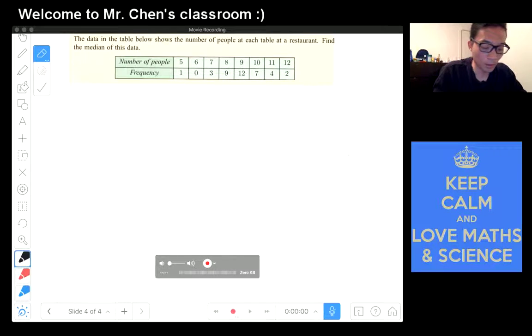Remember, your median position is n plus 1 divided by 2.